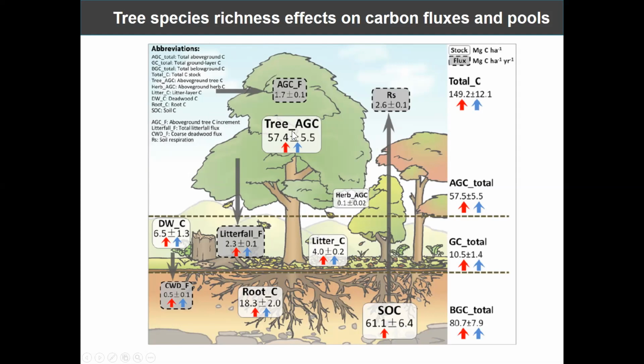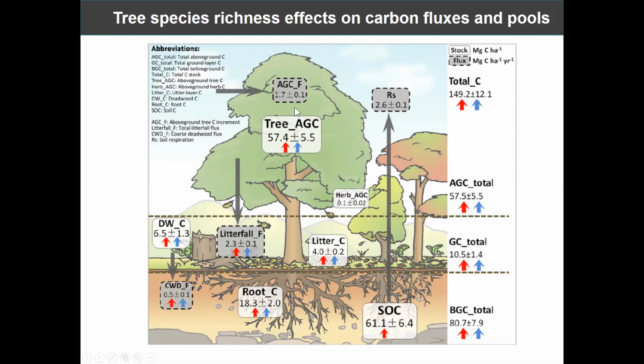So basically, each box represents a carbon pool, and the red arrow represents whether there is a positive effect of tree species richness on the carbon pool, and the blue represents whether there is a positive effect of stand age. And this is successional age, or basically age since last disturbance.